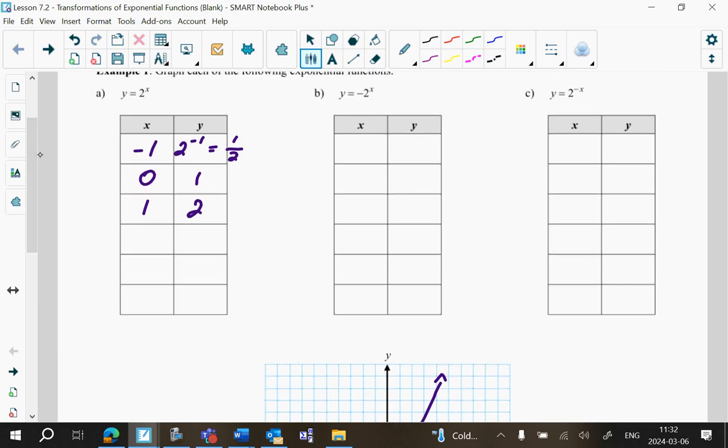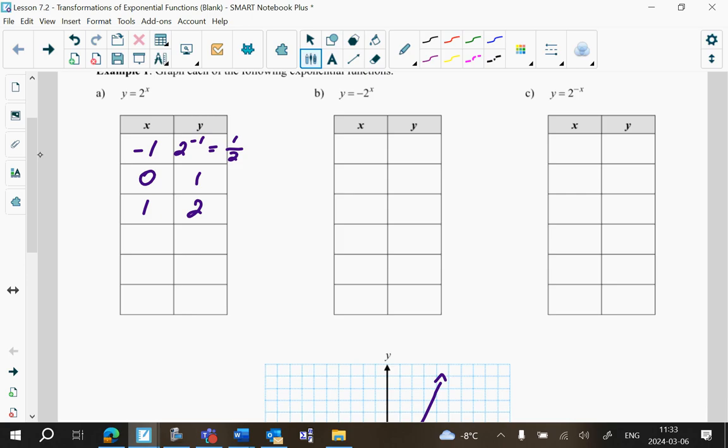How would you graph this one? It's 2 to the x, but what? Change it to this, please. Change this one to y. Change all 3 of them to these ones, please.